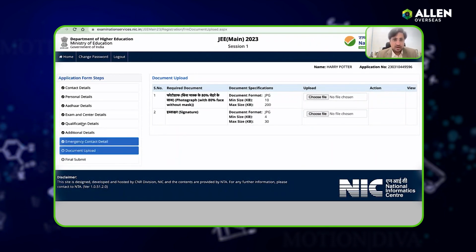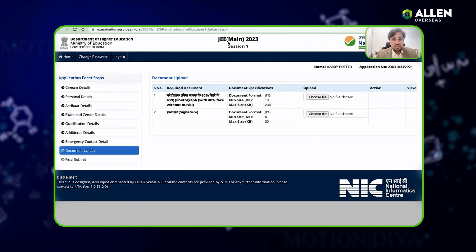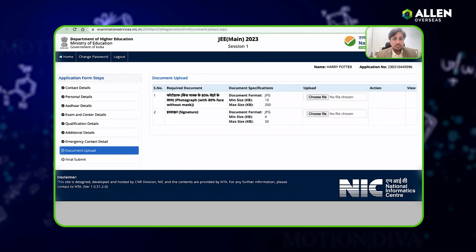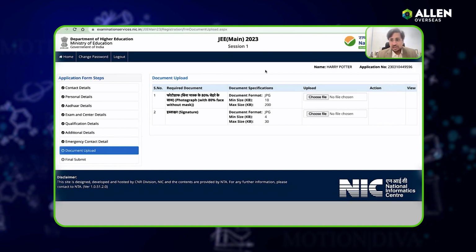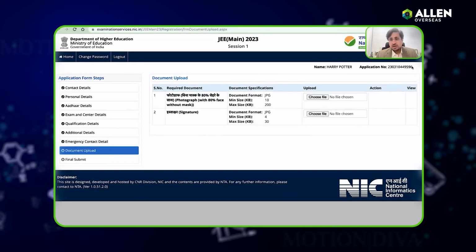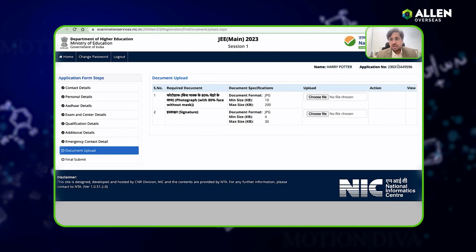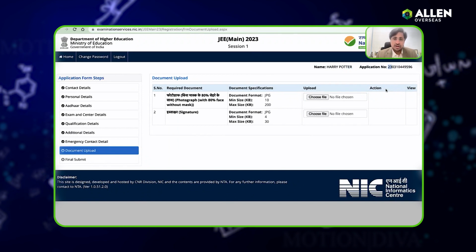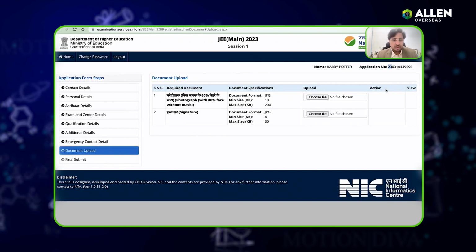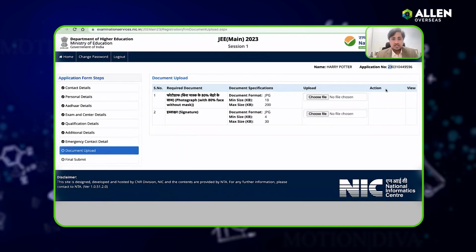And before submitting any page, also check each and every detail, that no detail is missing. Okay, so this is how this entire thing would be going once you will be filling all the details here. This application form number will not change, and this application form number will be starting from 23 because of the year 2023 you would be attempting this examination.